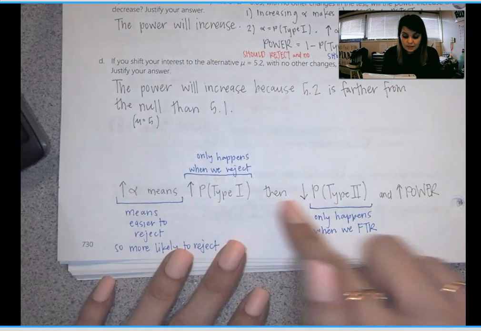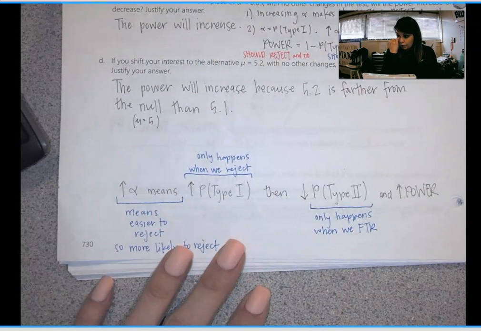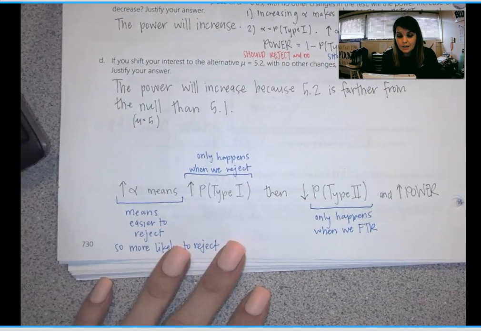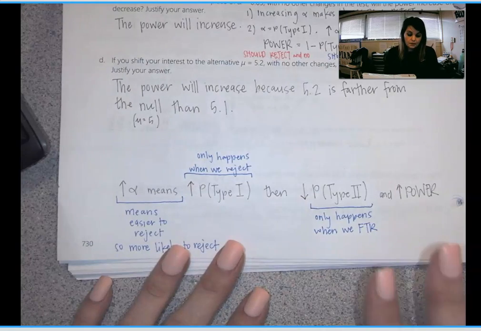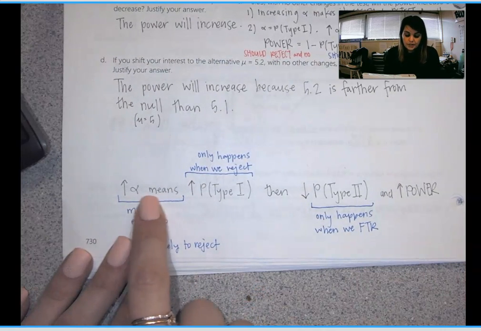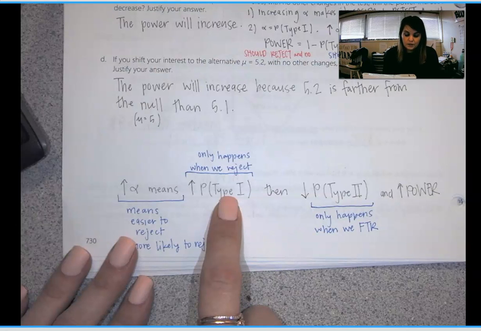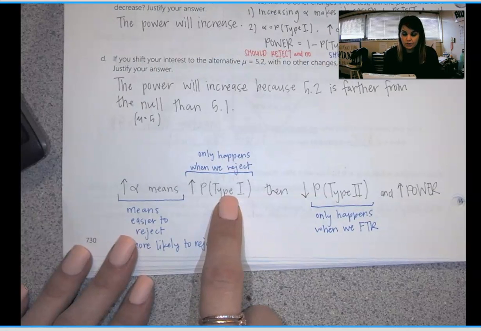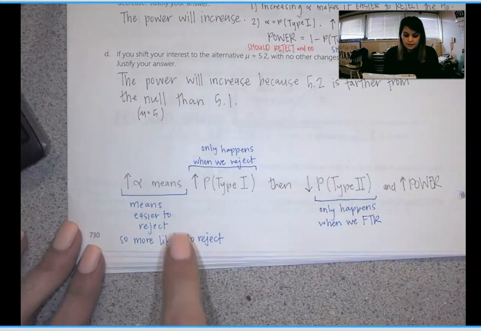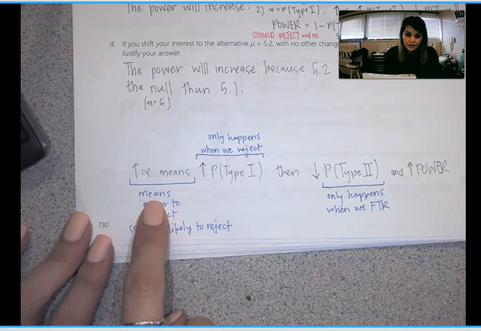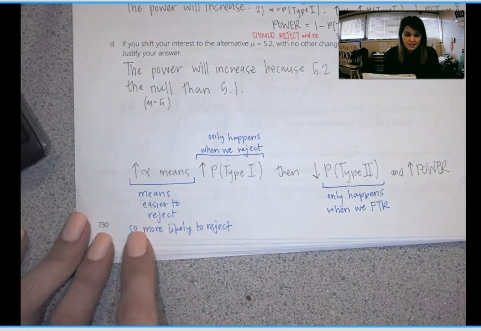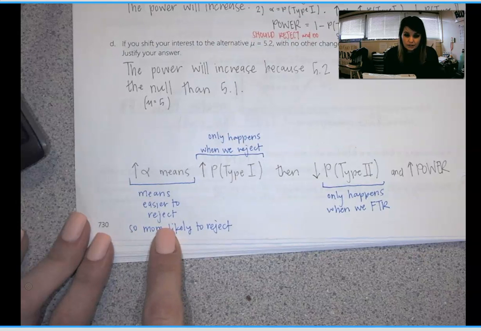So this is the picture that I had to draw in order to understand this. You should add as little or as much as you understand and think would be helpful. So when you increase alpha, it means you increase the probability of a type 1 error. Why is that? Because increasing alpha means it's easier to reject.